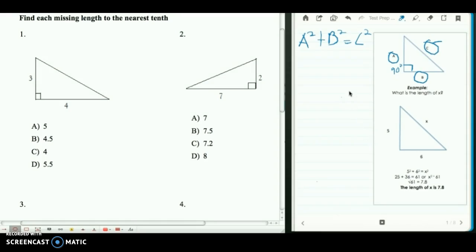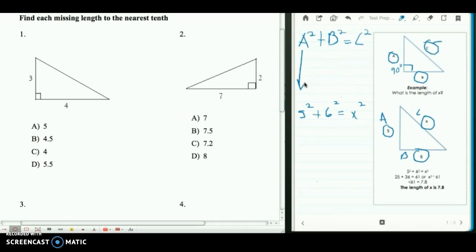Let's look at an example, and I'll show you how this works out. Side A is 5, side B is 6, and side C we don't know, it's just x. If we plug those into this equation, it's 5 squared plus 6 squared, and we don't know what side C is, so let's put that as x squared.